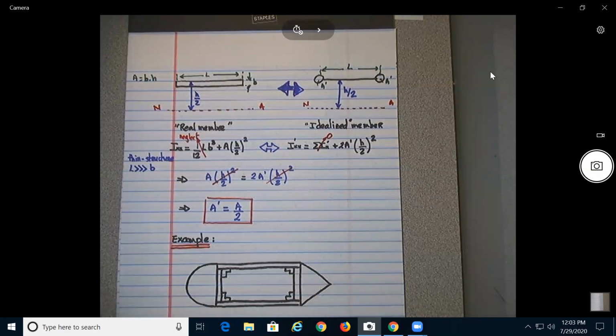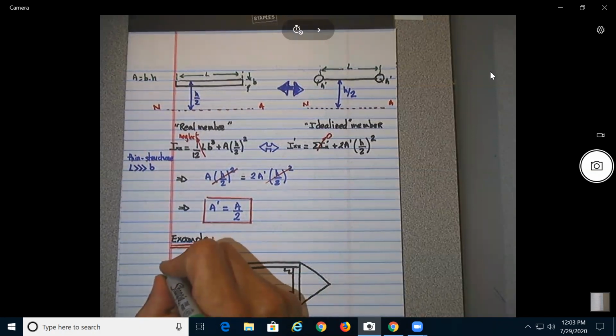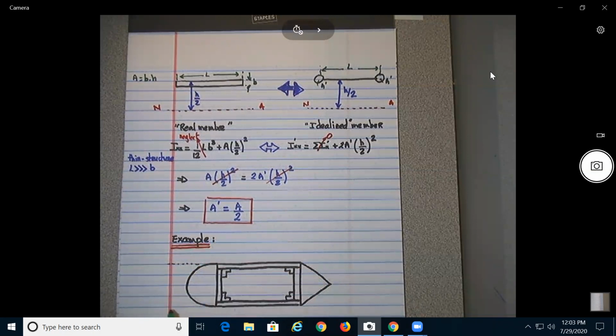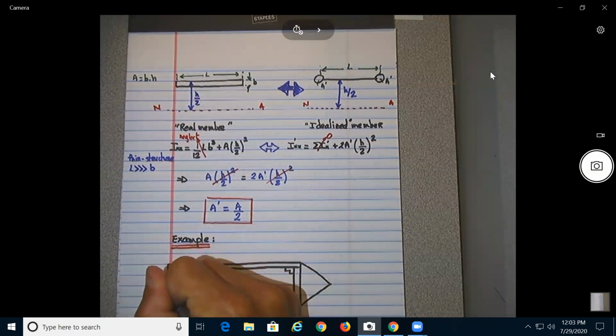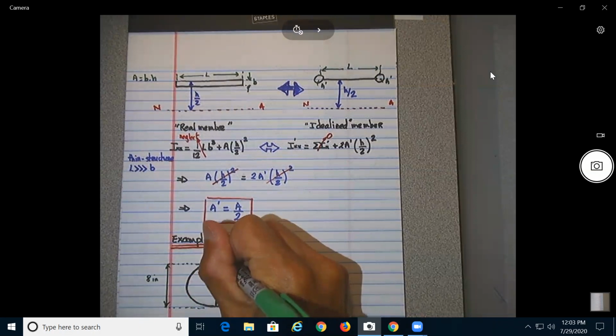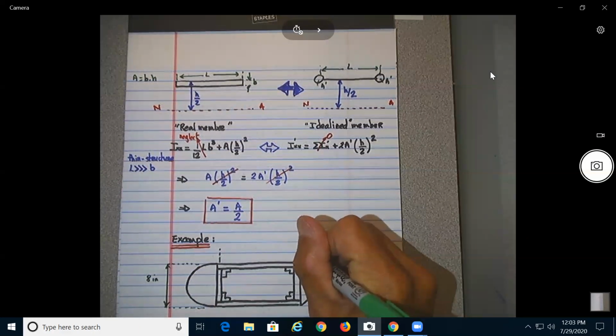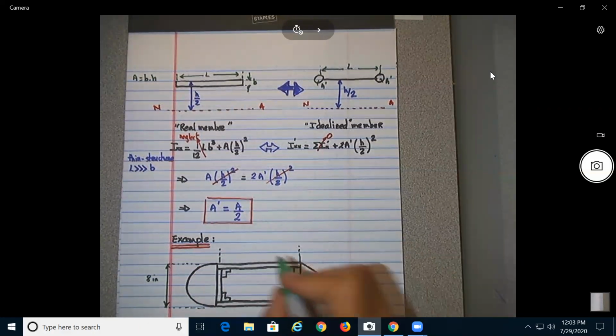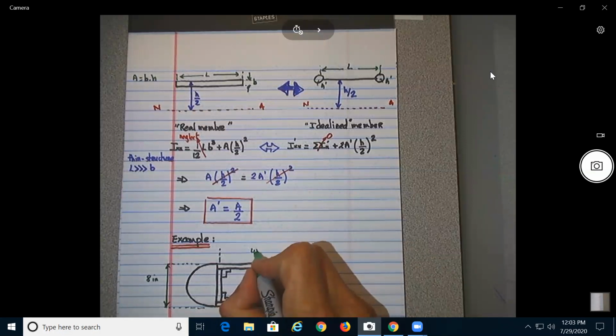And we know about this structure that it has a depth of 8 inches. The length of the structure is 48 inches.